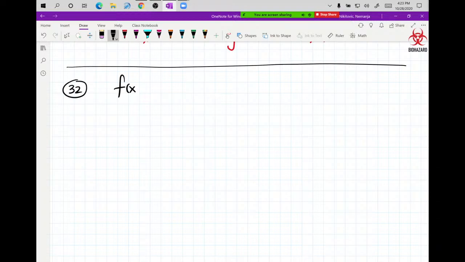It says the function f of x is given as square root of 2 sine x minus x on the interval 0 to 2 pi. So they chopped up the interval, so we don't have to probably deal with a lot of these increase decrease forever situations.